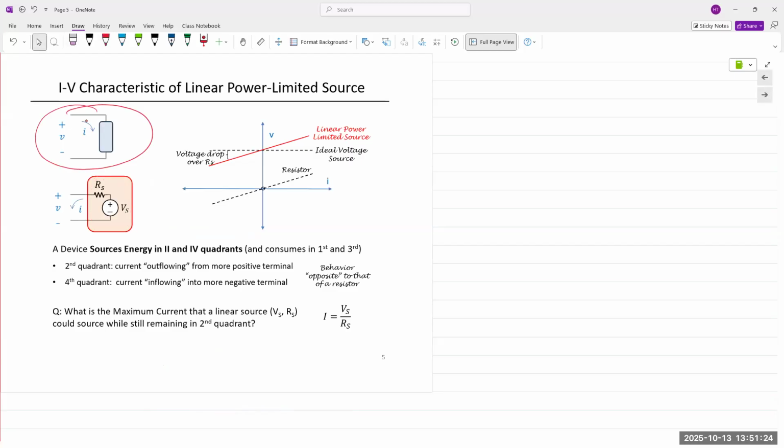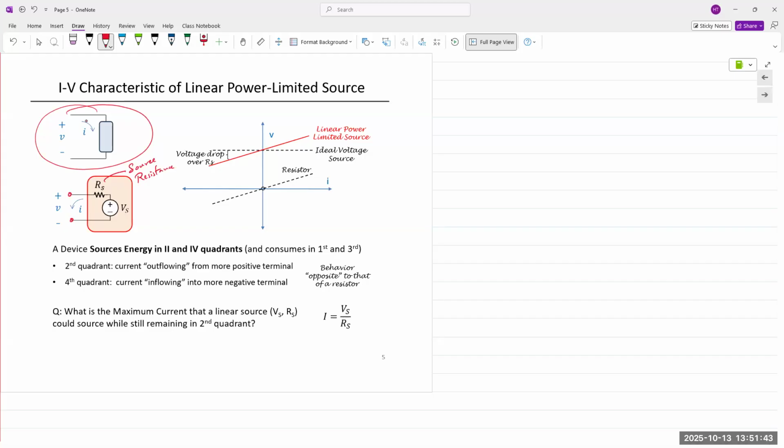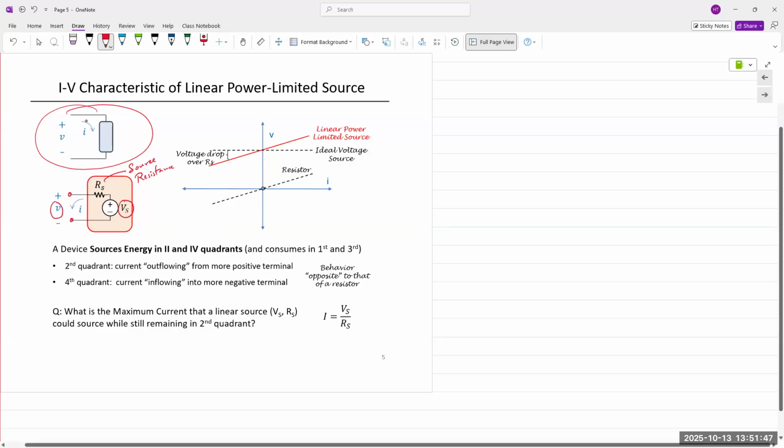Now it has open terminals here and here. This internal source resistance is labeled RS and is going to drop some voltage across it. And so instead of Vs being available at the output, we have V, noted by lowercase v.